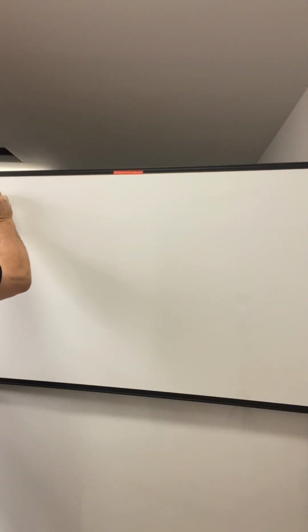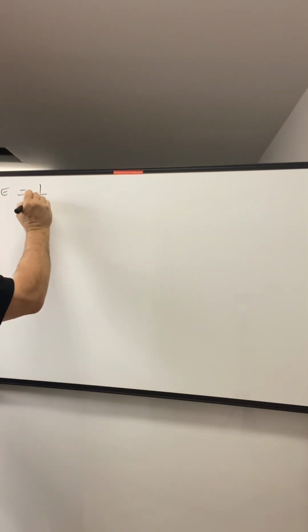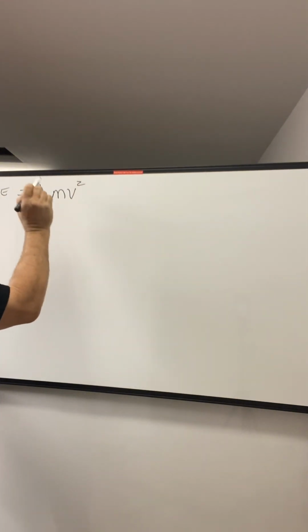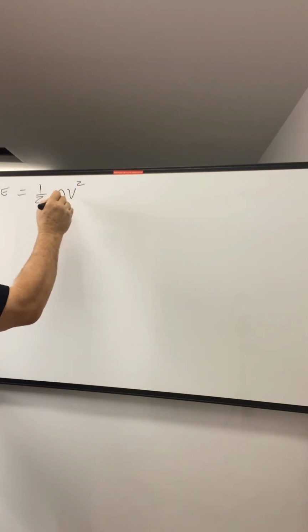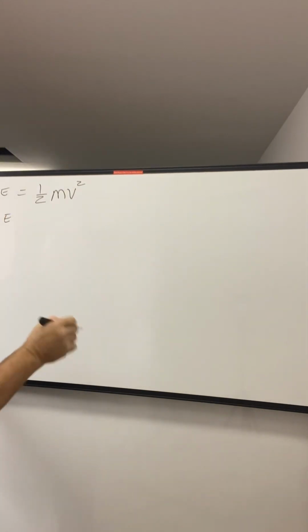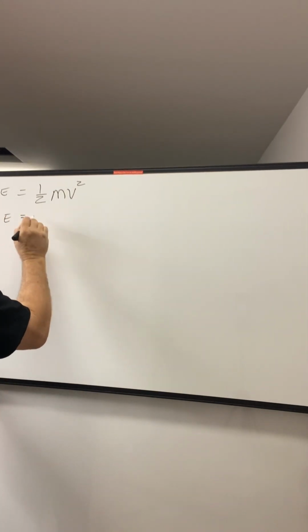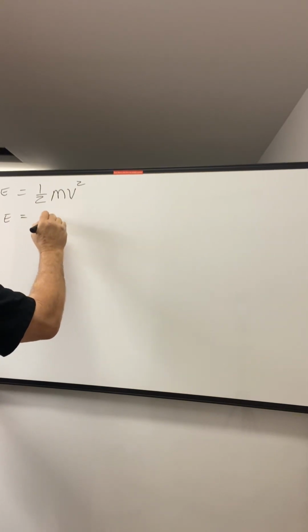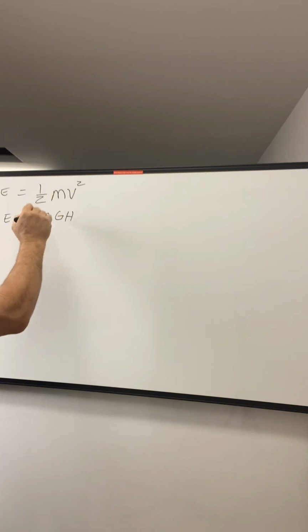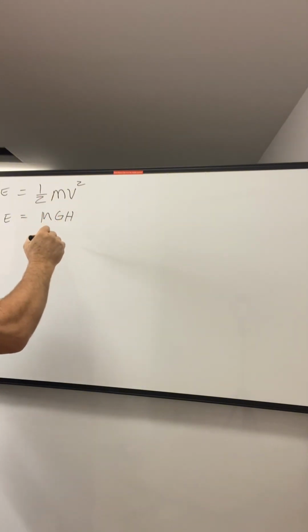Kinetic energy equals 1/2 mv squared. M is mass, v is velocity. Potential energy, this is from memory from junior high, so hopefully I get it right, is mgh. M is mass, g is gravity, and h is height.